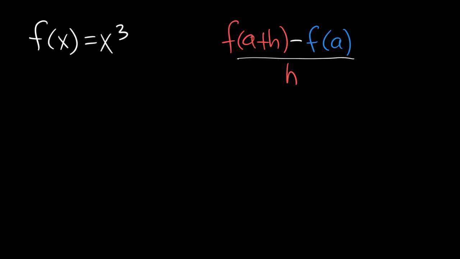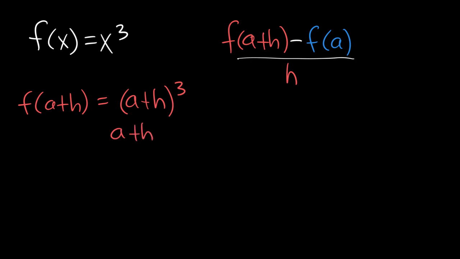All right, here, so the next function is x cubed, and I'll start in with f of a plus h, and I'll finish that off. So f of a plus h is going to be a plus h to the third power. And that simply means a plus h times a plus h times a plus h.